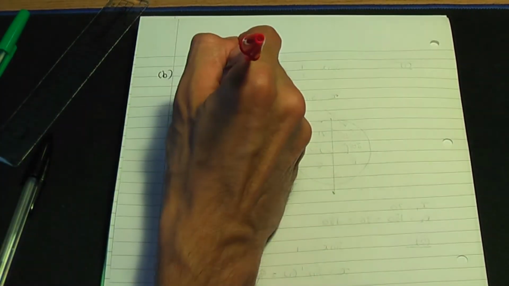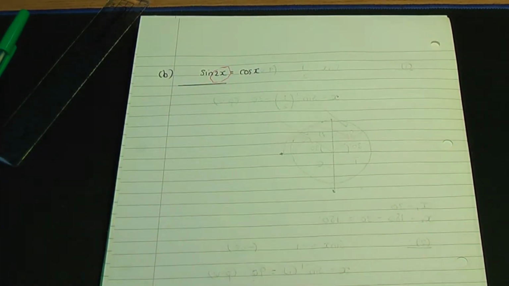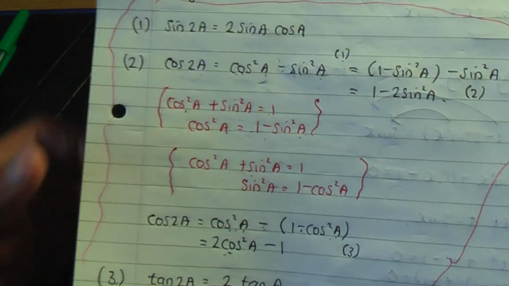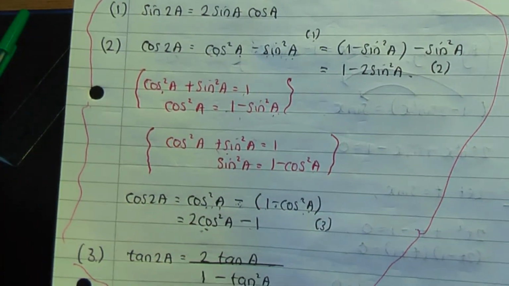Again over here I've got 2 of an angle, so I'm going to be using the double angle formulae. I'm obviously going to be using the one involving sine. Sine 2A, remember, is 2 sine A cos A.